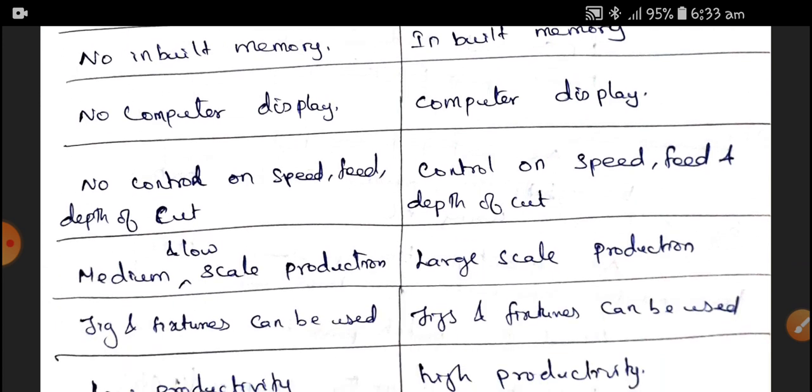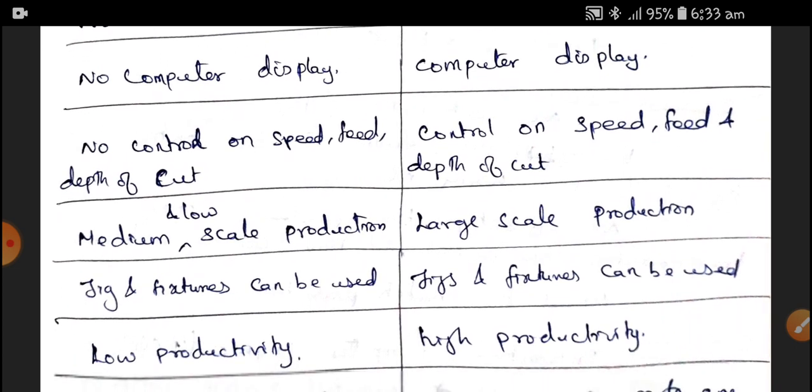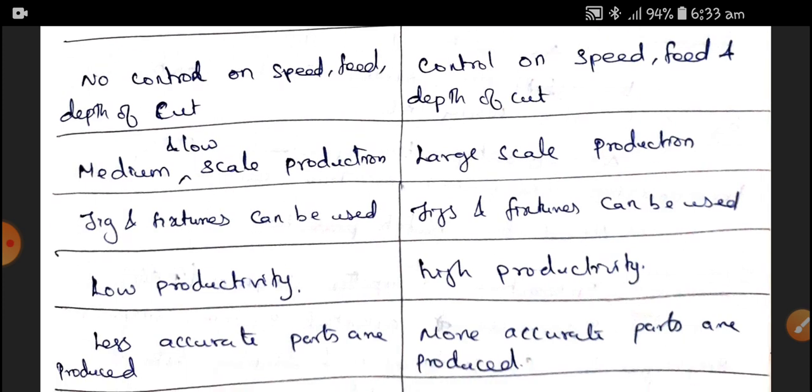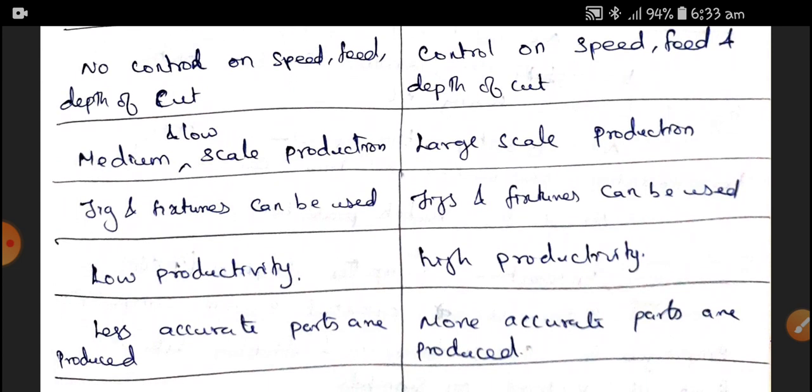In the NC machine tool, it is used for low and medium scale production. CNC is used for large scale production. In both NC and CNC machine tools, jigs and fixtures can be used. NC has low productivity. CNC has high productivity.